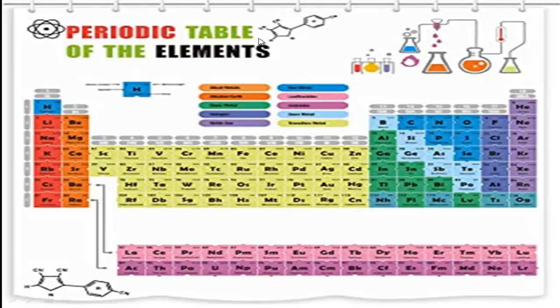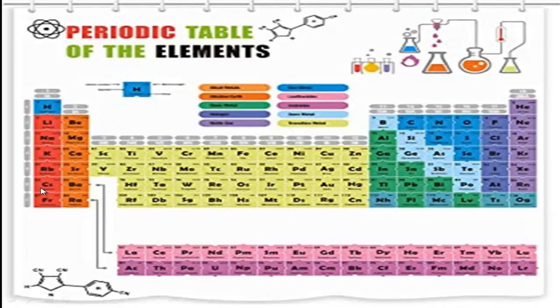This periodic table has many importance, and you will learn about it gradually in higher classes. So today we will not know more about it. I have just shown it here to see all the elements together.